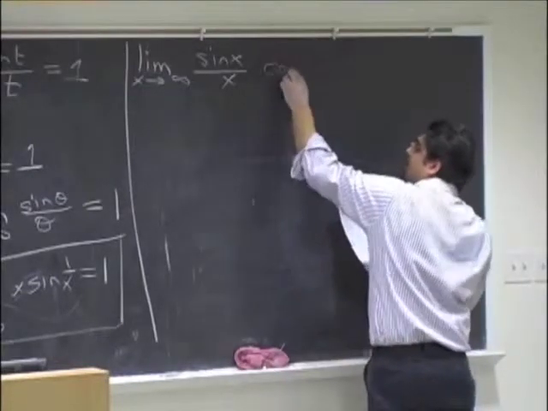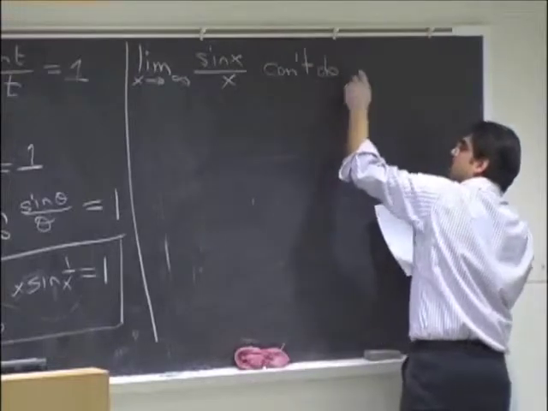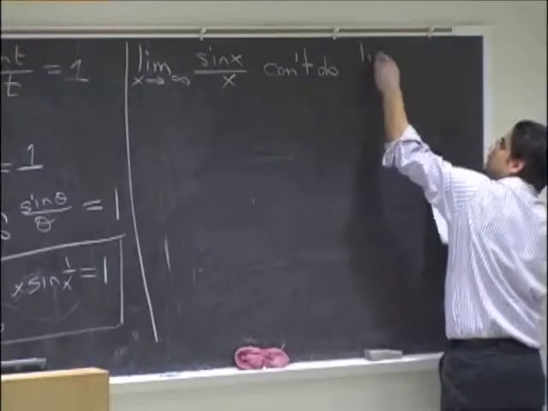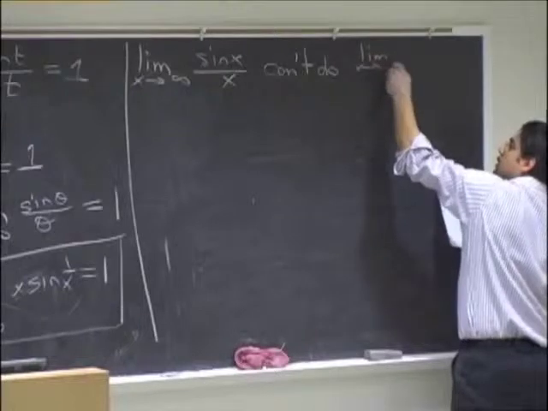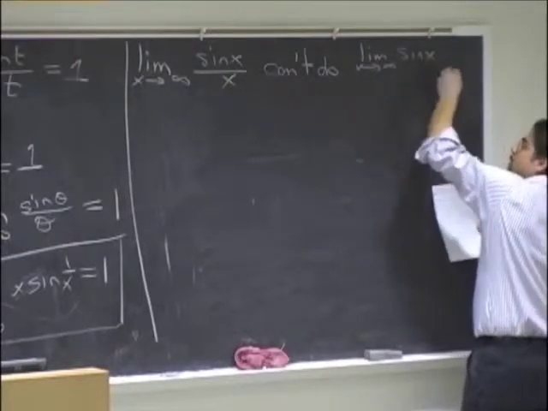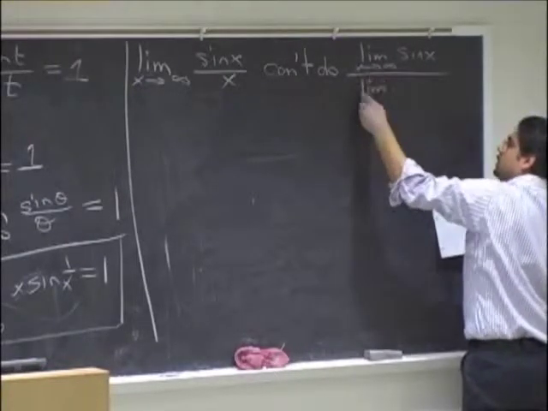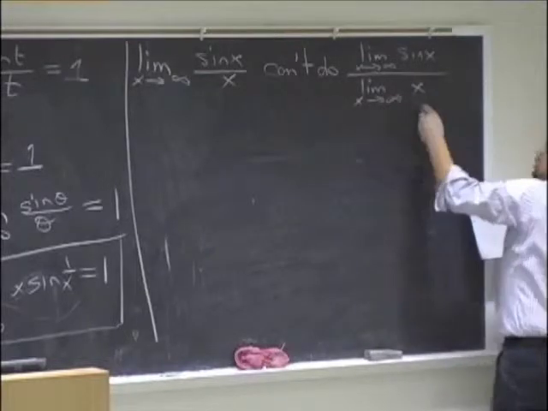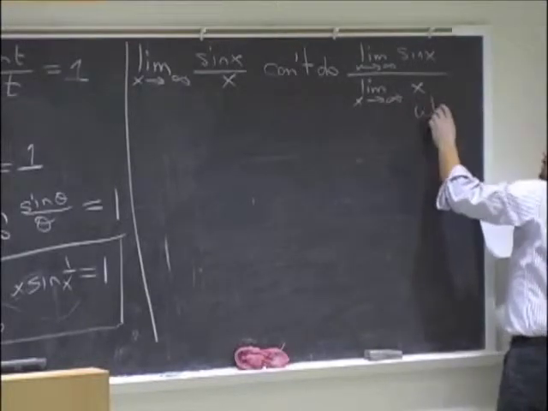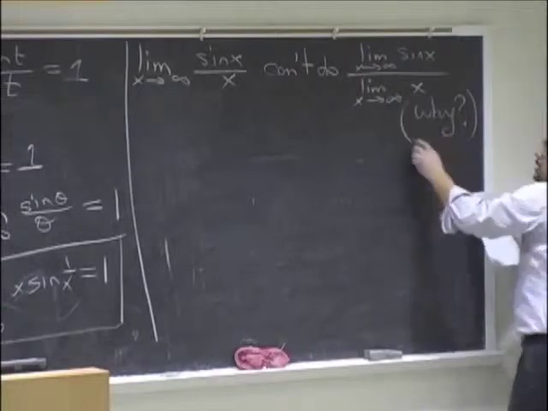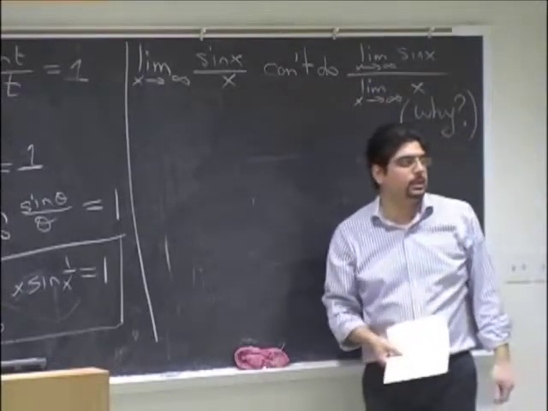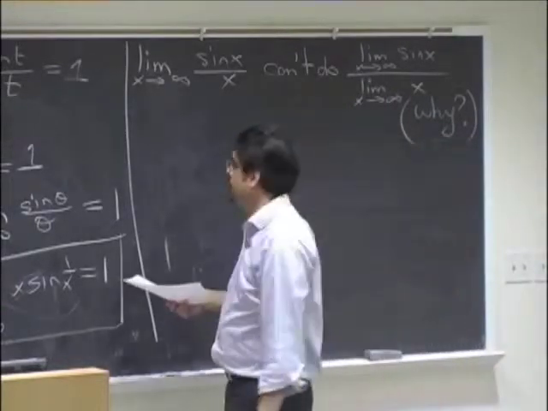Note that we can't do the quotient rule. We can't do this. And you should think about why. Why can't we do that? Okay?